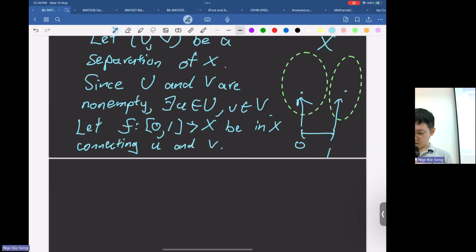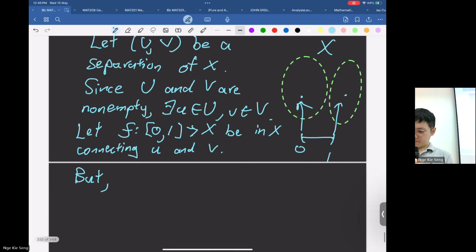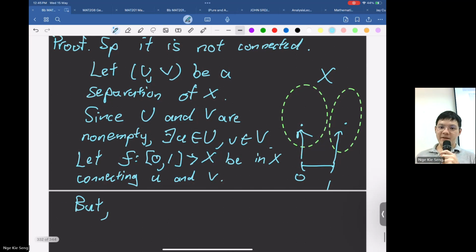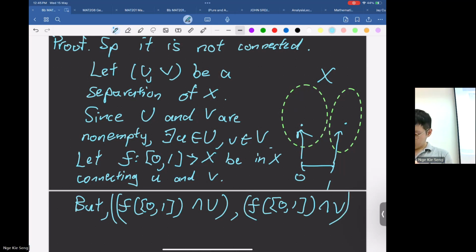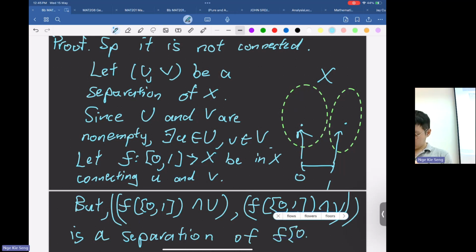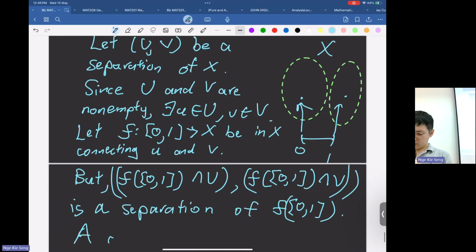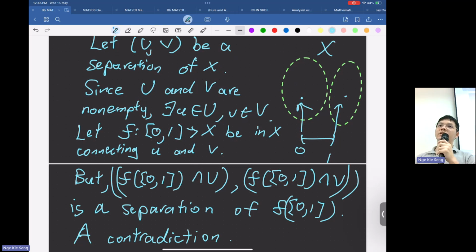But then f of the interval intersect U, comma, and f of the interval intersect V is a separation of the image of [0, 1], which is a contradiction because a continuous image of a connected space should be connected.